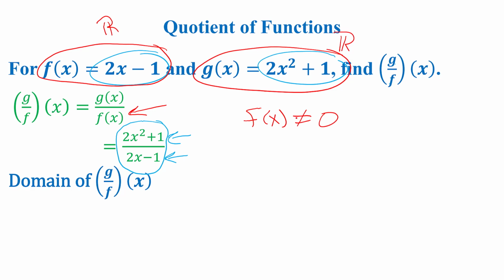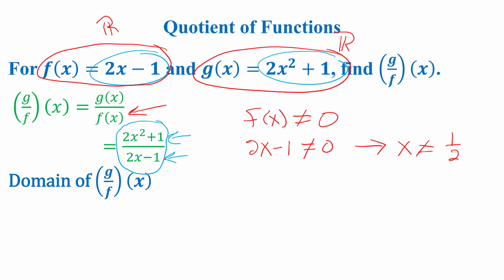And that tells me that we don't want 2x minus 1 to be equal to 0, right? What value would do that? Well, we have to make sure that x is not equal to 1/2. So 2 times 1/2 would give us 1 minus 1 or 0. So our only restriction on the domain of g over f of x here comes from the denominator we get when we put g of x over f of x.